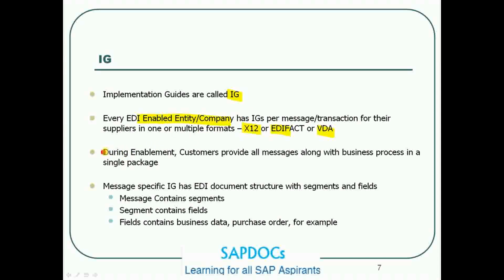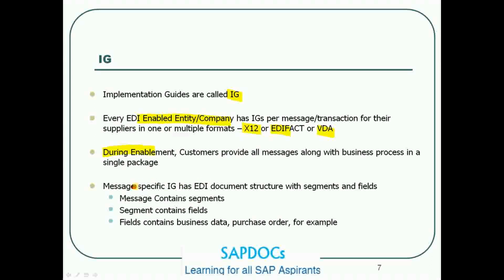During the enablement process, when you want your supplier, if you're a customer, to do message exchange with you, then you provide all the messages that you have in the business process in a single package.